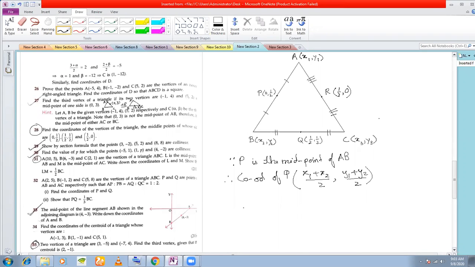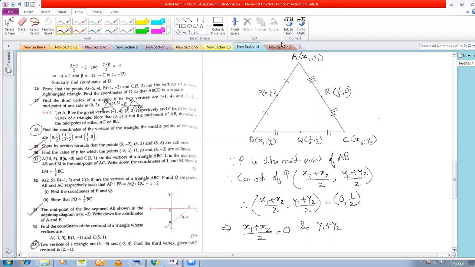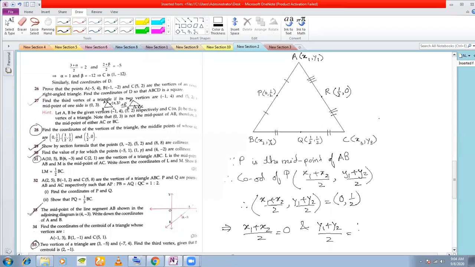But what are the coordinates of P given? (0, 1/2). So therefore ((x1 plus x2)/2, (y1 plus y2)/2) must be equal to (0, 1/2). So that means (x1 plus x2)/2 is equal to 0, and (y1 plus y2)/2 is equal to 1/2.